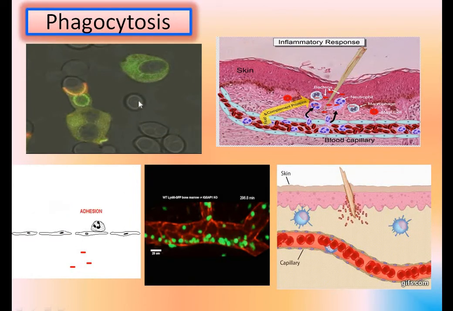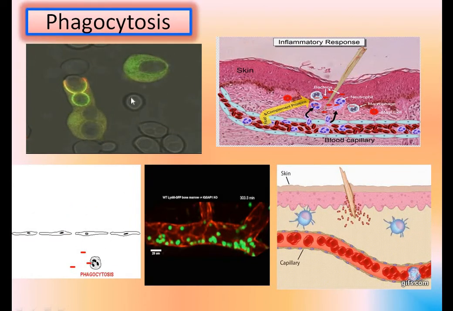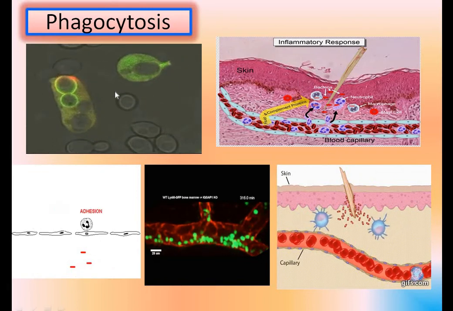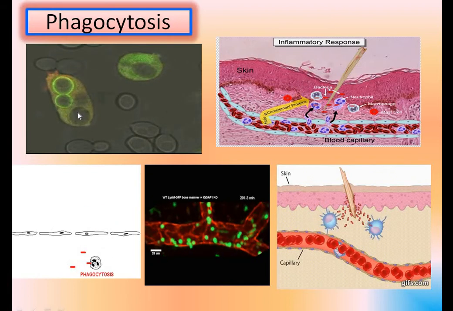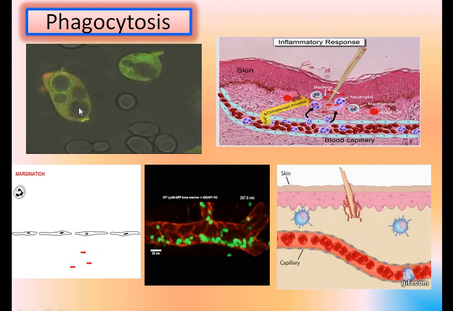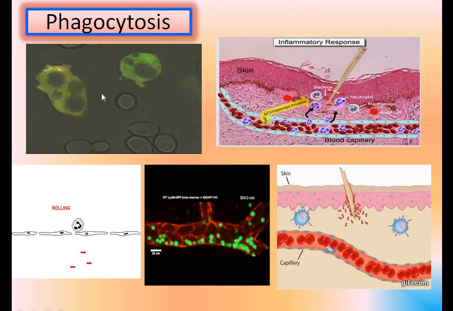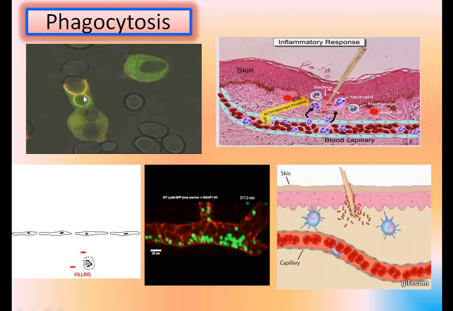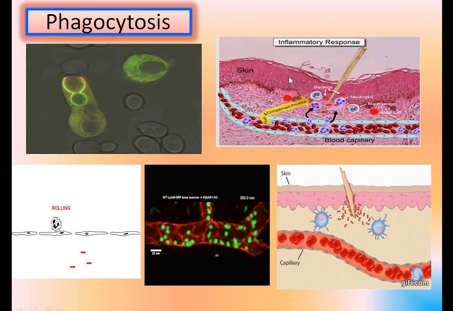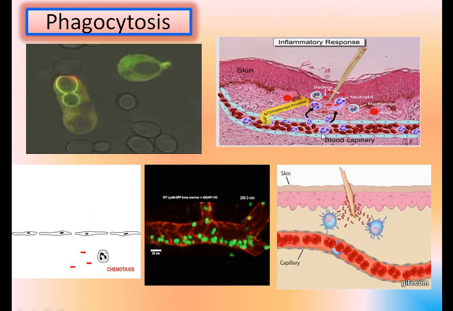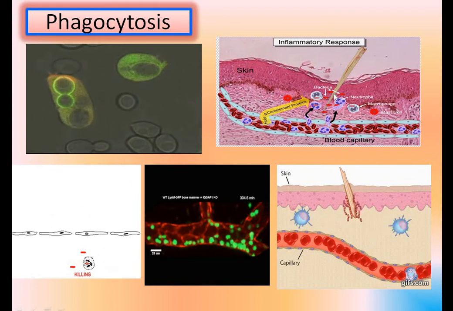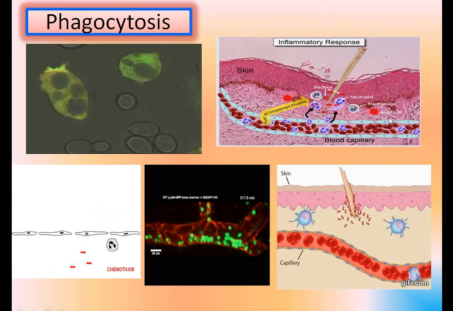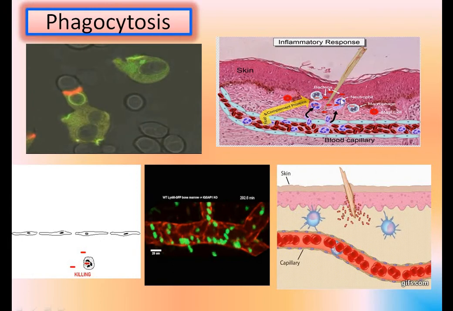See here in the figure, the functions of granulocytes, that is phagocytosis. Here in the first figure, the phagocytic cells, that is neutrophils, engulf the foreign particles or pathogens. During the inflammatory responses, the bacteria, neutrophils and macrophages, that is WBCs, are active.